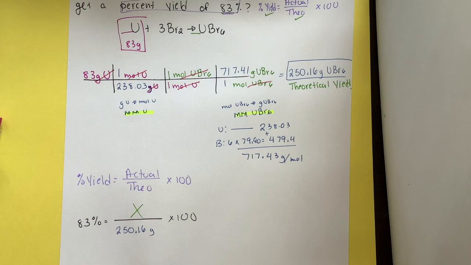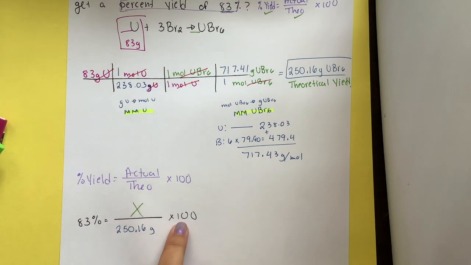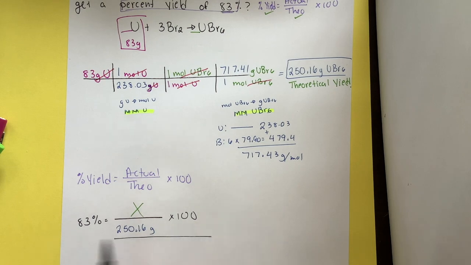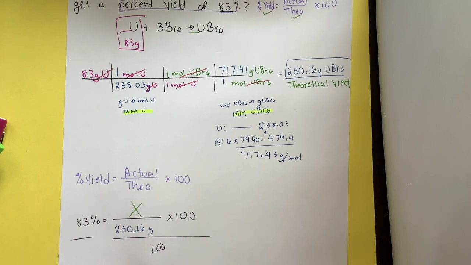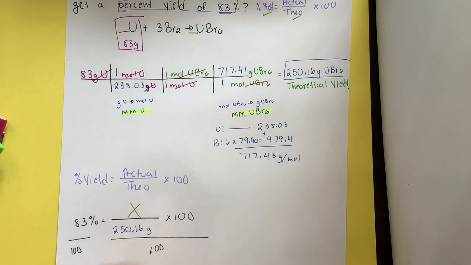So now all I gotta do is solve for X. And you could do this in many different ways. The first thing I'm going to do is get rid of this 100. Since I'm multiplying by 100, I'm going to do the opposite to get rid of it. And the opposite of multiplying is dividing. So I'm going to divide both sides by 100, so that this 100 goes away.